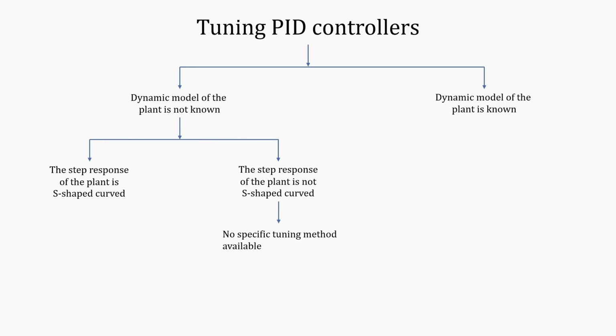Now, if you have an S-shaped curve, again let me emphasize, what are we trying to do? We are trying to find out the values of Kp, Ki, Kd. Previously we have seen that I have the transfer function and I have the objectives.